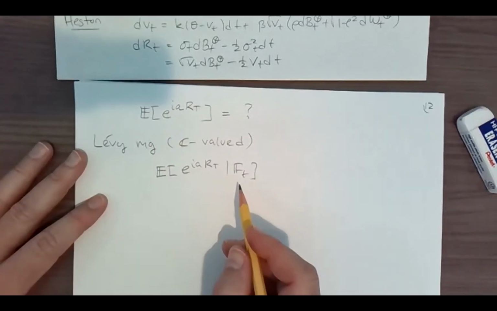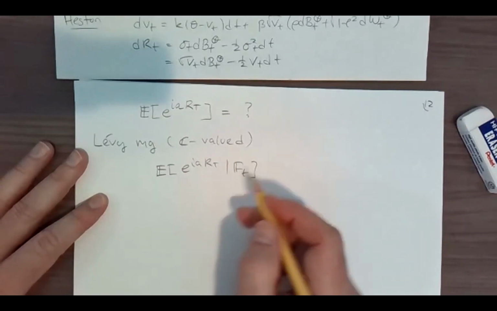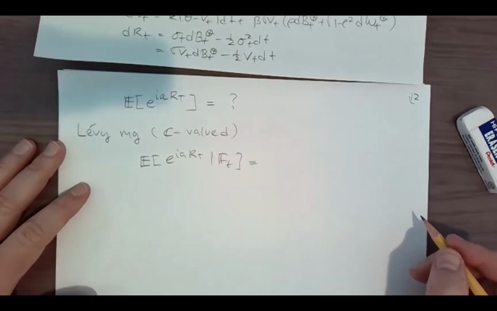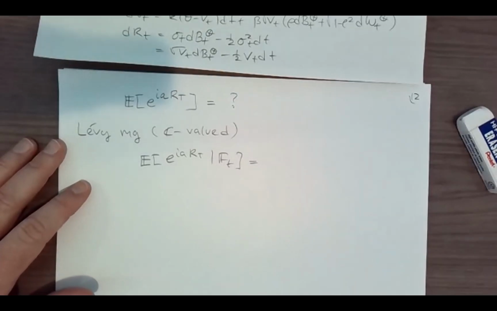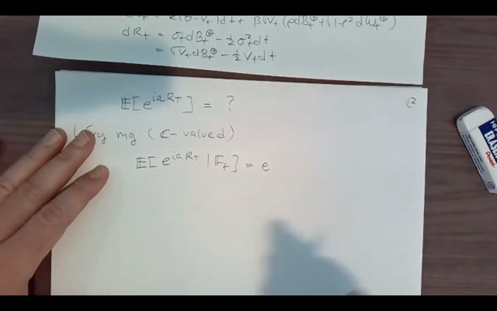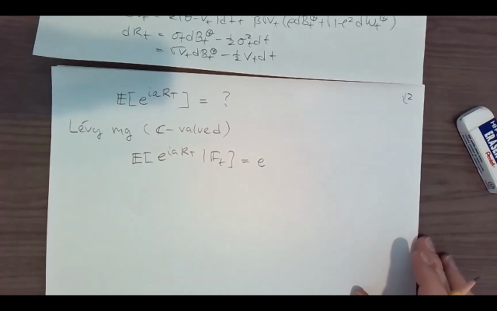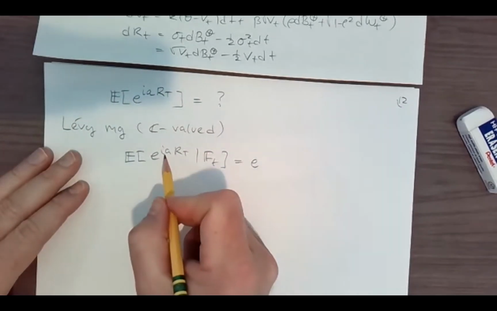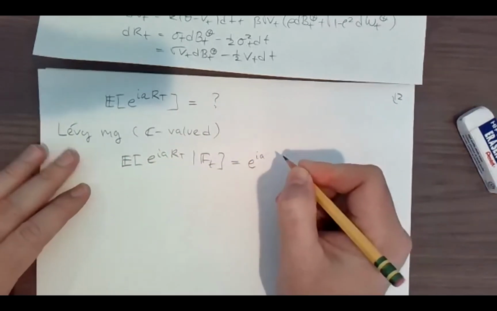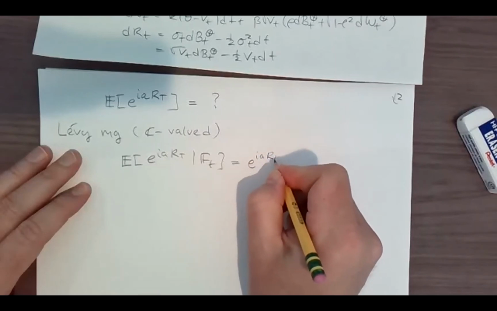So this here is a martingale, it's complex valued. And we're going to make a guess on what this thing looks like. Let me write this here as E. And then what should we put in here? Well, the terminal condition is going to be iA R capital T. So let me try to put an RT here.